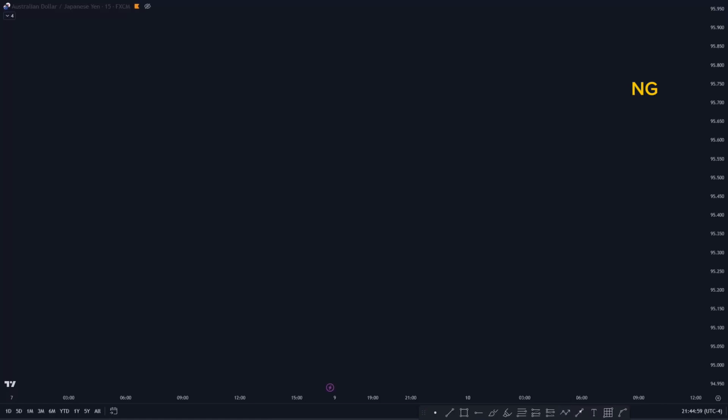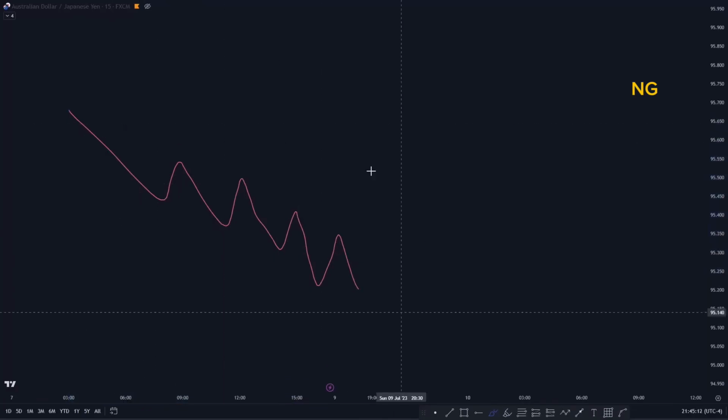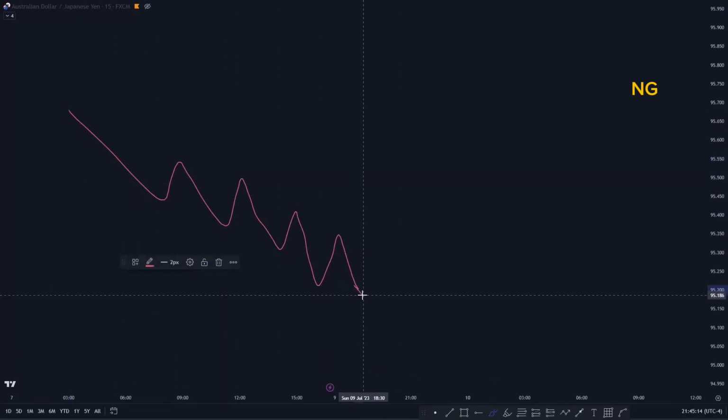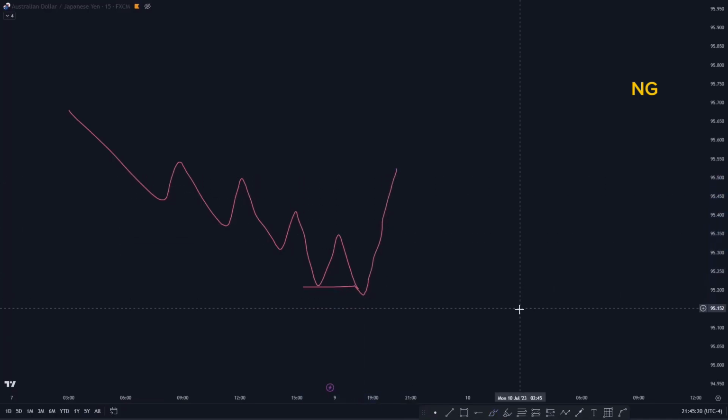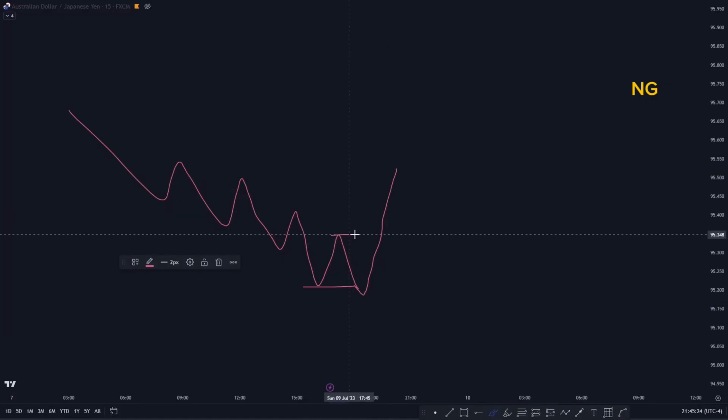The other thing is displacement. What is a displacement? Let's say price was going down, and suddenly price takes a liquidity and then gives this aggressive move to the upside. Most likely we want to see this aggressive move over structure.